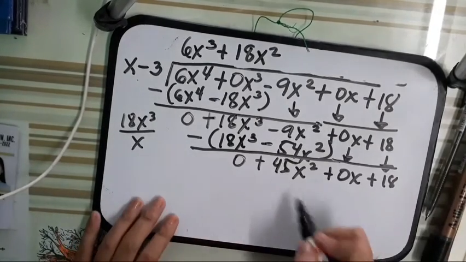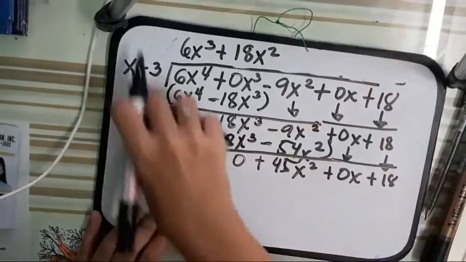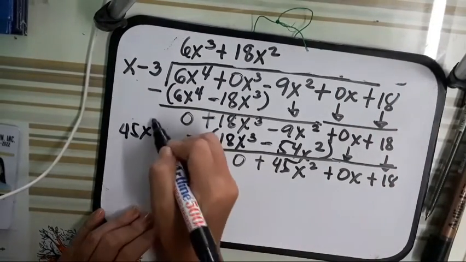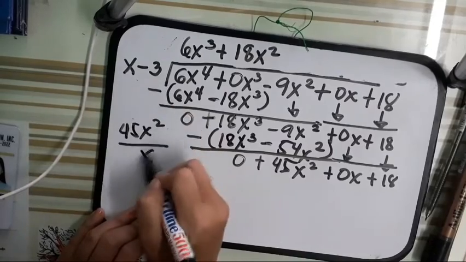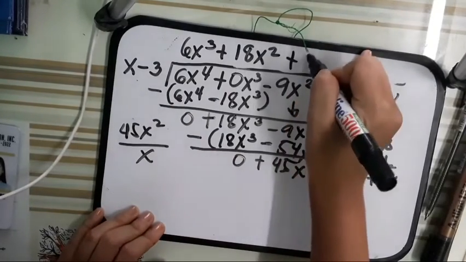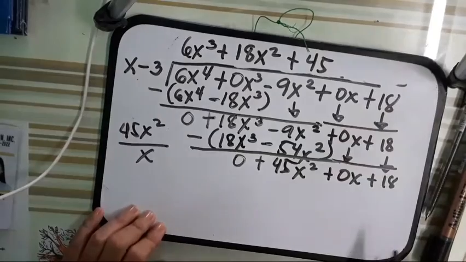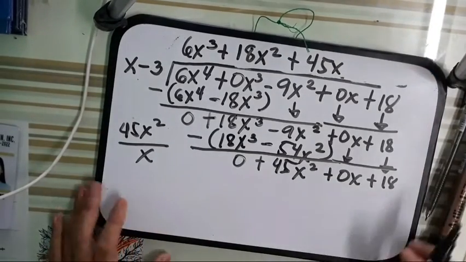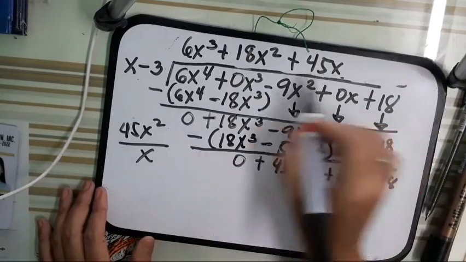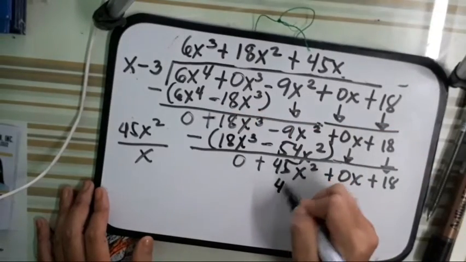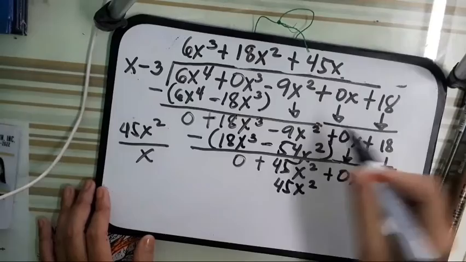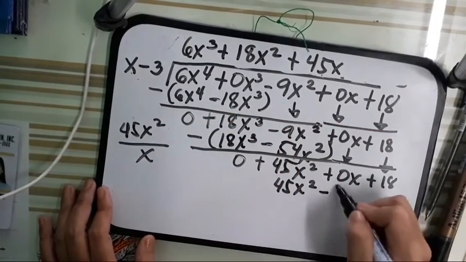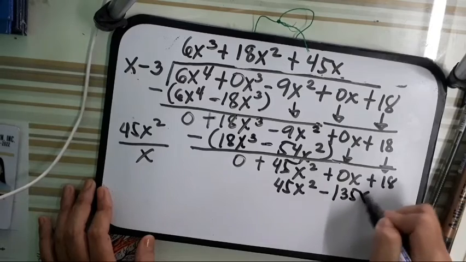Okay, next. Repeat the same process. Consider the first term again. So we have 45x squared divided by x is equal to 45x. I forgot the x. Okay, so 45x times x is equal to 45x squared. 45x times negative 3 is equal to negative 135x.